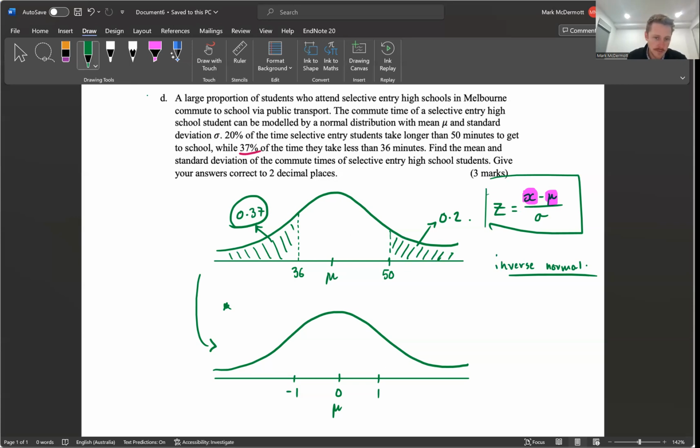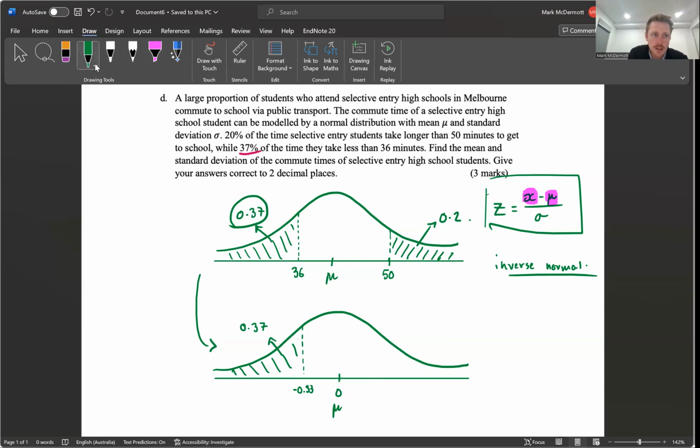This gives you negative 0.33. So let me just redraw this a bit better. We want it all to line up, right? Negative 0.33 to 2 decimal places. Okay, and that has an area of 0.37 underneath it.